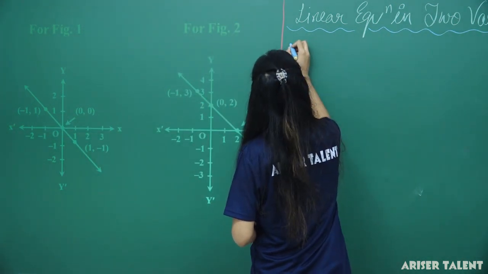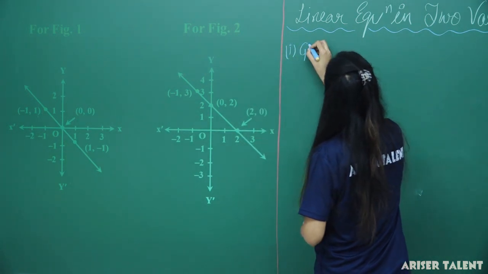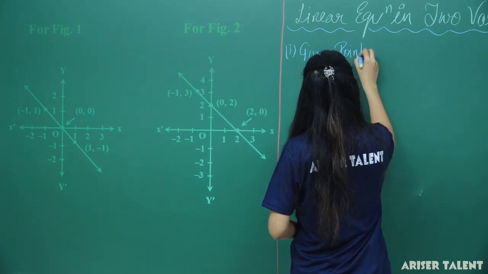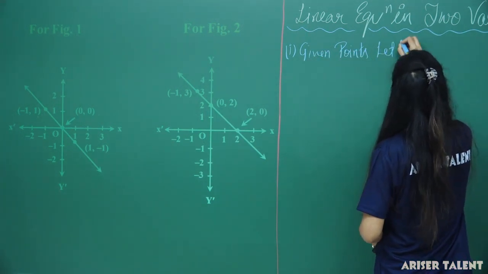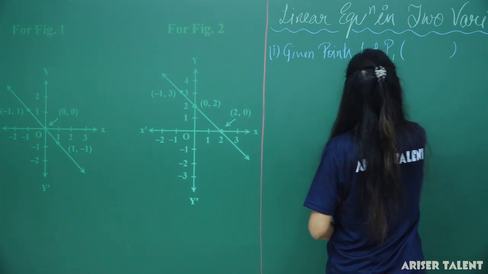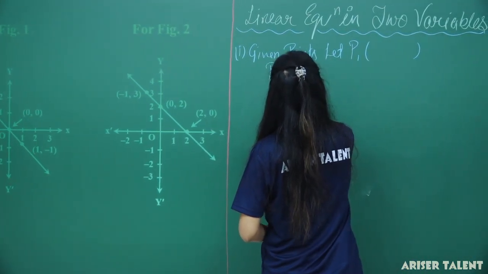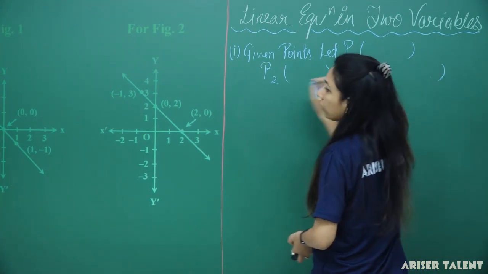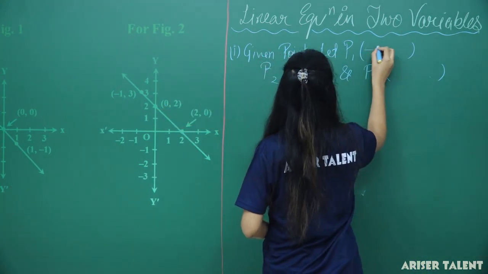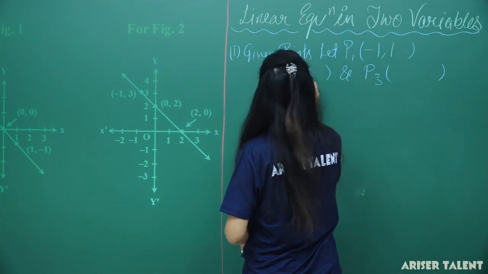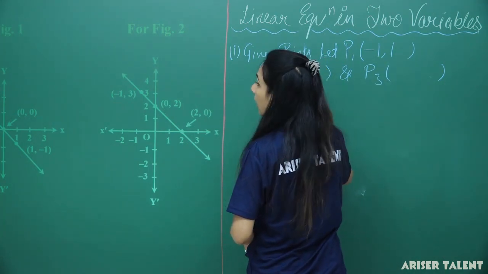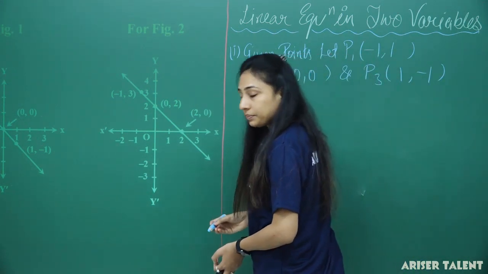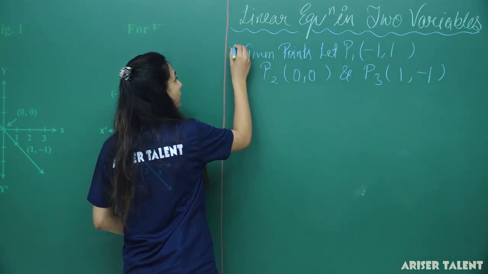So the given points P1, P2 and P3 are minus 1 comma 1, then 0 comma 0, and the third one is 1 comma minus 1. Now I am checking for figure 1.